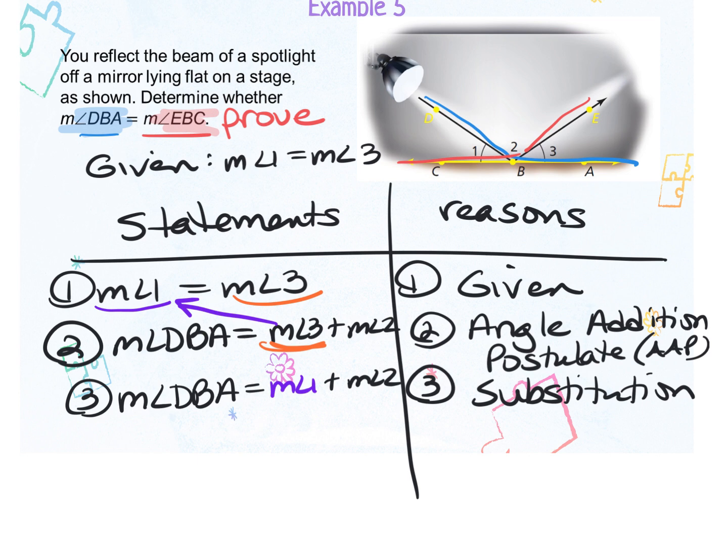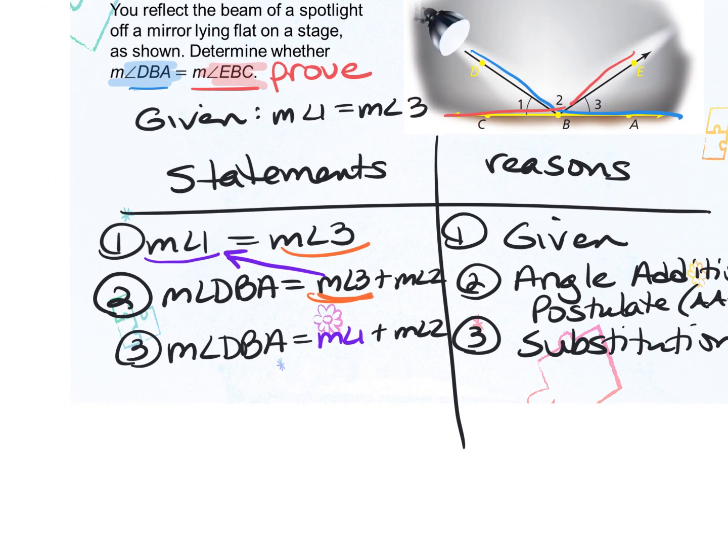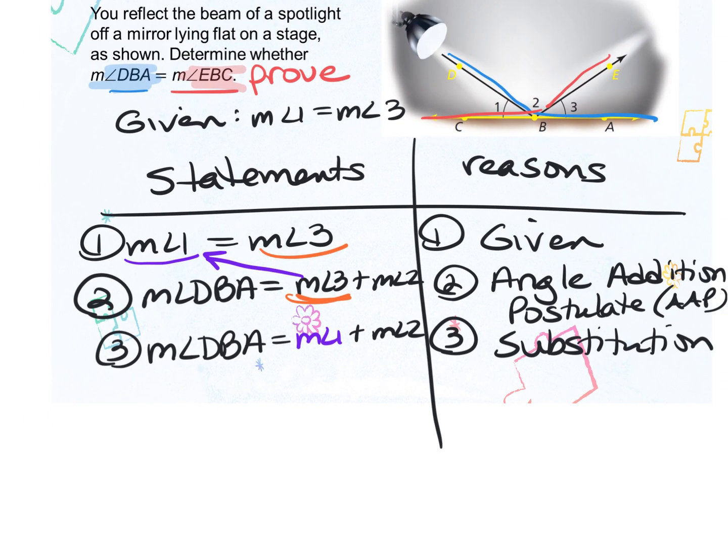Now, notice I haven't gotten EBC in here, so that's what I'm going to show next. And remember, EBC was what I outlined in red, so I can now bring in that angle 1 plus angle 2 equals the measure of EBC.